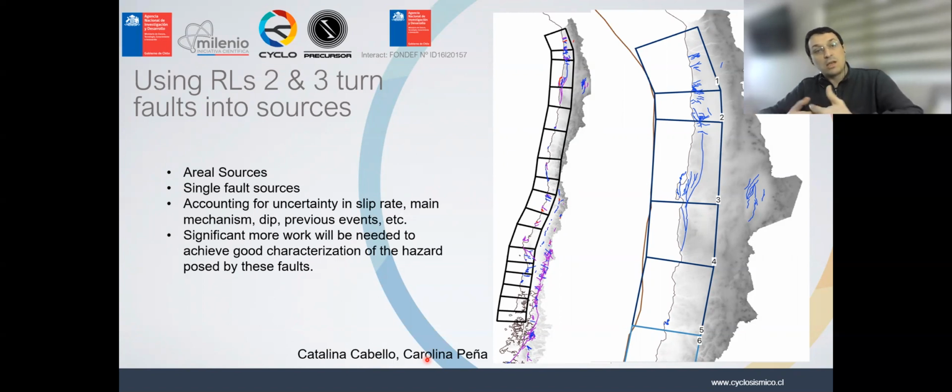In some cases, these seismic sources will be aerial because we don't know specifics of each of the faults. And in the cases where there's enough information, these will be single fault sources, all of which will be incorporated into our hazard analysis. There is significantly more work to be done, but we're moving forward thanks to the advances in research line 3.